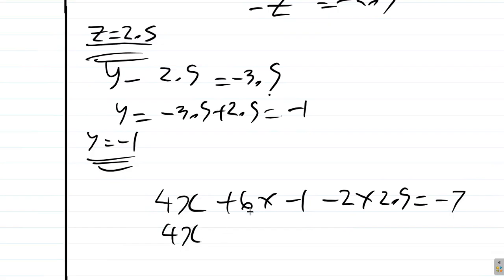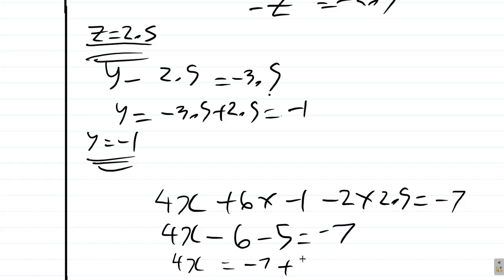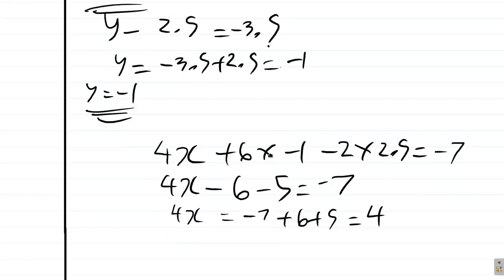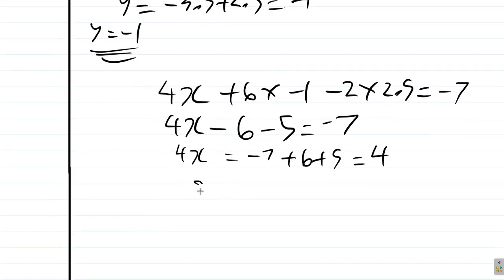So 4x minus 6 minus 5 equals negative 7. So 4x equals negative 7 plus 6 plus 5. 6 and 5 is 11, and 11 minus 7 is 4. So 4x equals 4. So x is 4 over 4, which is 1.